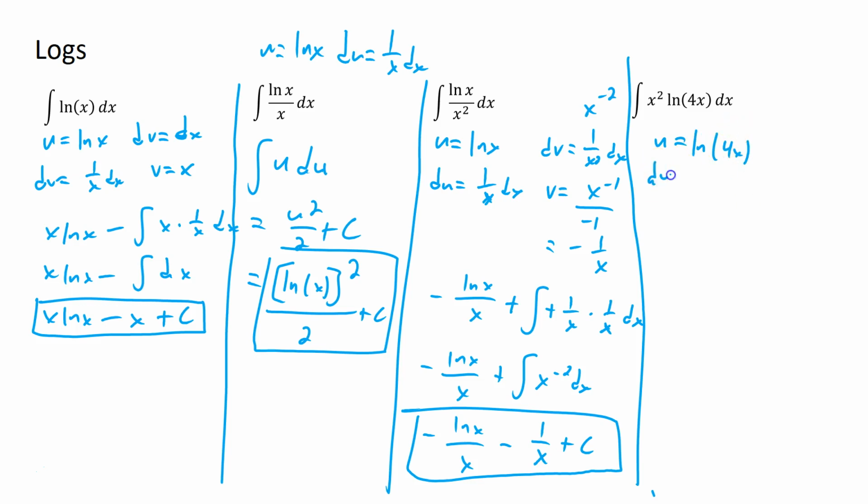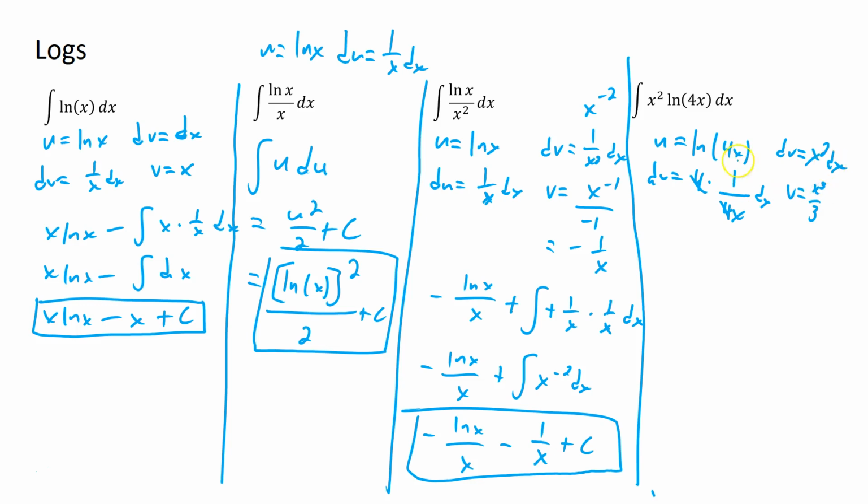And then my du is going to be 4 times 1 over 4x, right? Because I have to use the chain rule. The 4's actually end up canceling. So my du is still just 1 over x dx. And then my dv would be, in this case, x squared dx. That means that my v would be x cubed over 3, and that's it.